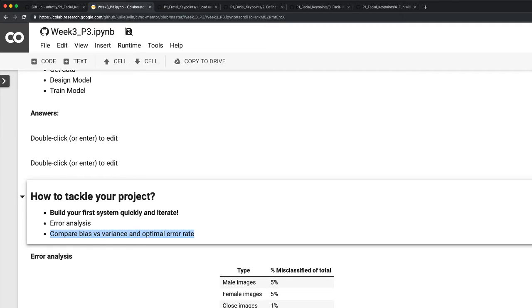So, what we do here in error analysis is that we look up the images with the highest error in terms of regression, or if we're classifying, we see the misclassified images, and we manually look at them.